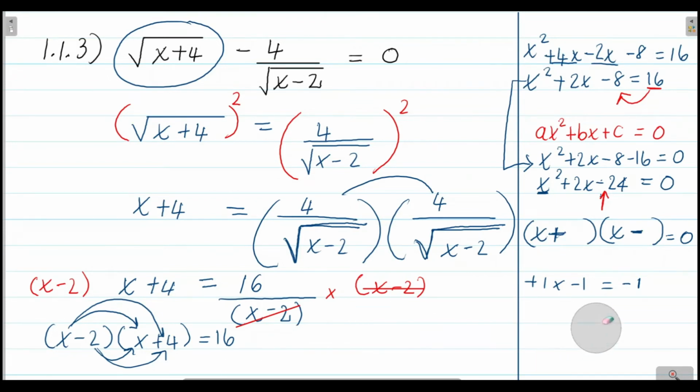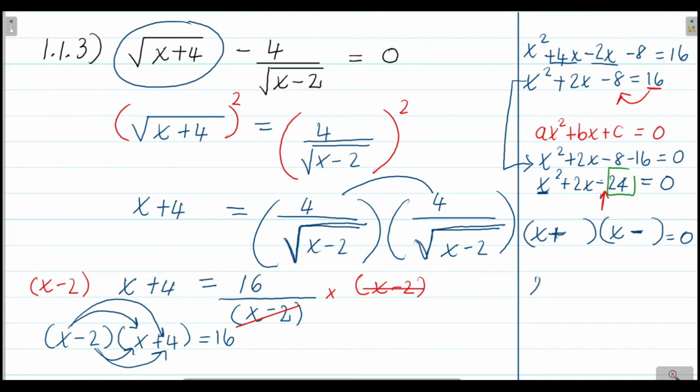Let's continue. Now we need to decide which two numbers we are going to put in the two brackets. We're going to look at the factors of 24 that, if I add and subtract them, will give me 2. What are the factors of 24? Factors are numbers that can go into 24 without leaving a remainder.